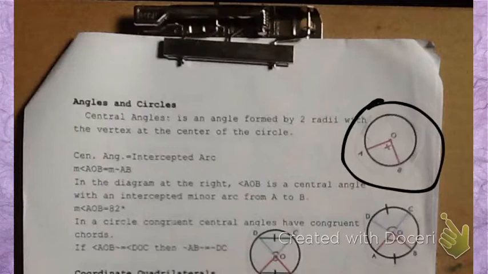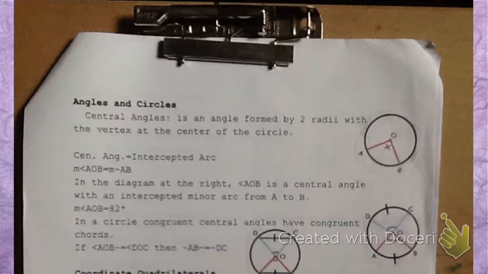And this is the example. So pretty much what this says is that m is the angle AOB, not less than.